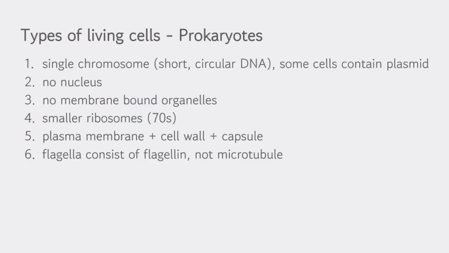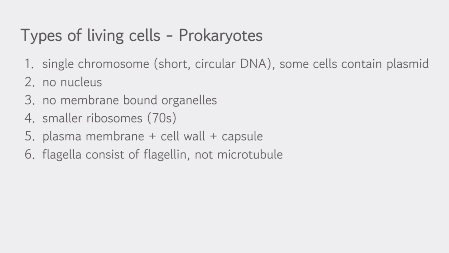So the first one we will be looking at will be prokaryotes. Prokaryotic cell has a single chromosome, and its DNA has a shape of circle, unlike humans who have 46 chromosomes and double helix DNA. Some cells contain plasmid, which is small DNA molecules. Also, they do not have nucleus or membrane-bound organelles.